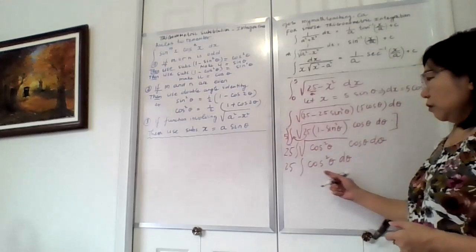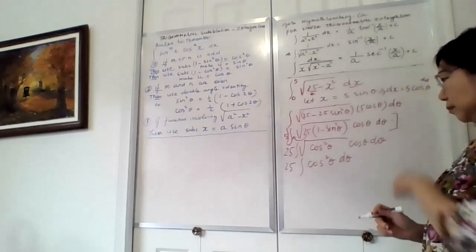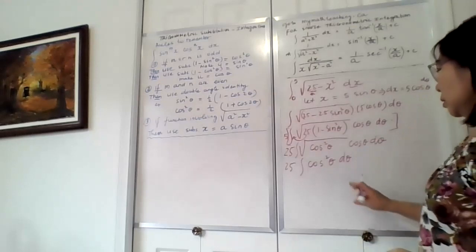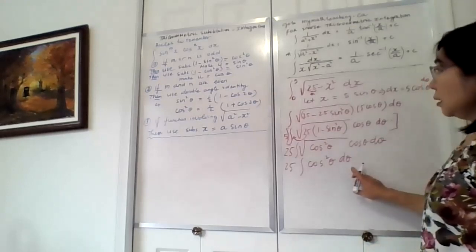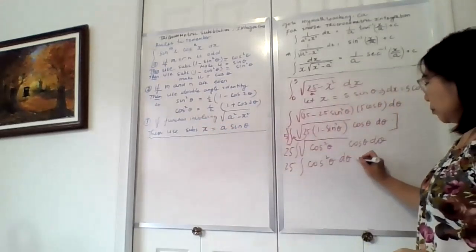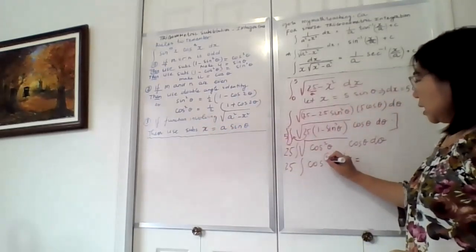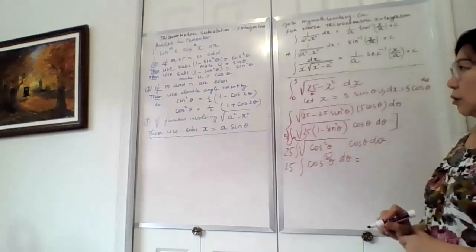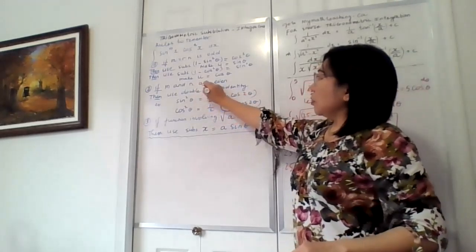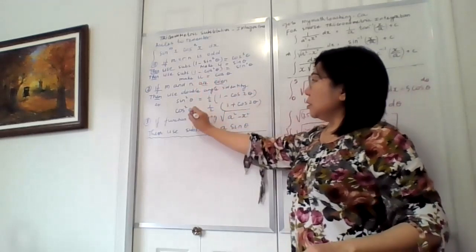Unfortunately, we still don't have a formula to integrate this. So at this point, what should I do? Cos squared theta, d theta. Look, what tip am I supposed to use here? This now becomes an even power. So when either m or both of them are even, I'm going to use this.